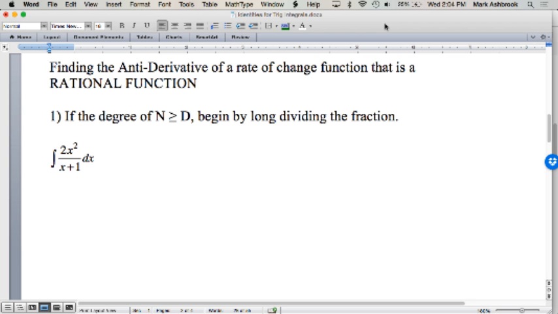Okay. So the next type of rate of change function that we're going to work on antiderivatives for is what's called a rational function. A rational function has the word ratio in it. And so what is it? It's the ratio of polynomials.